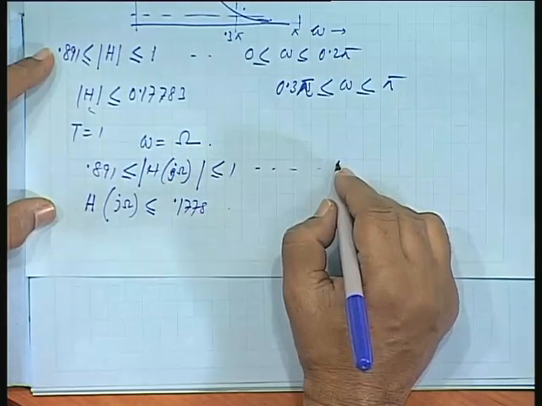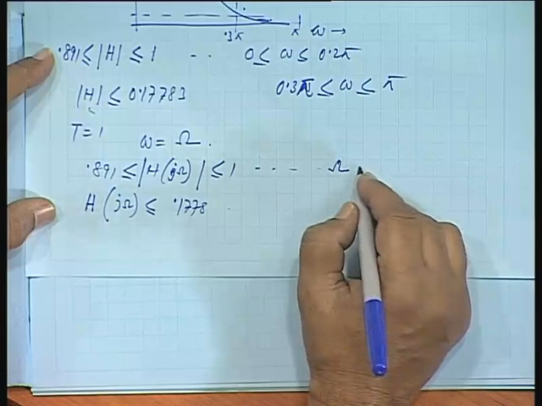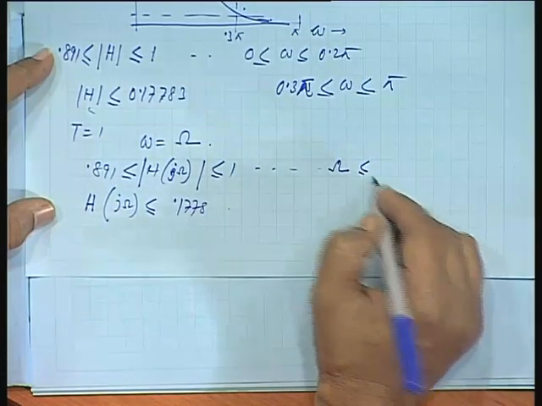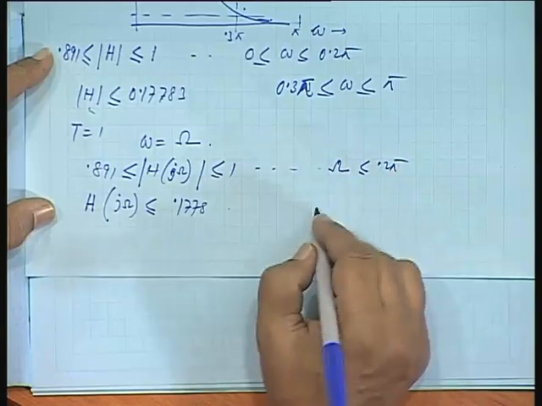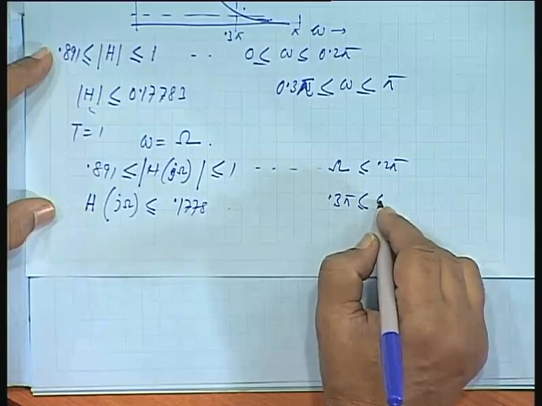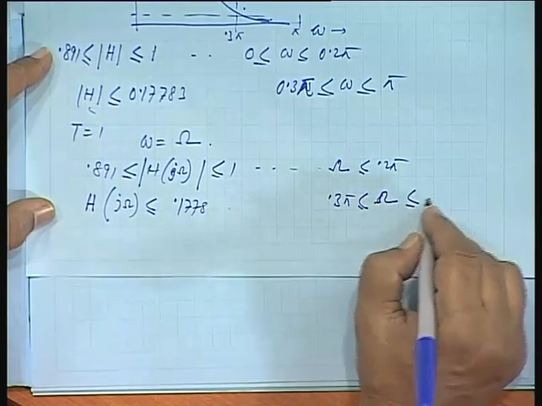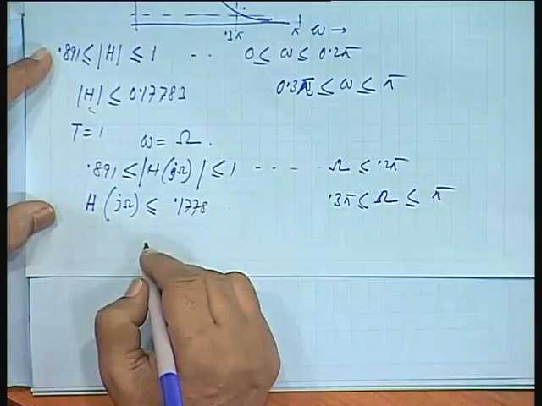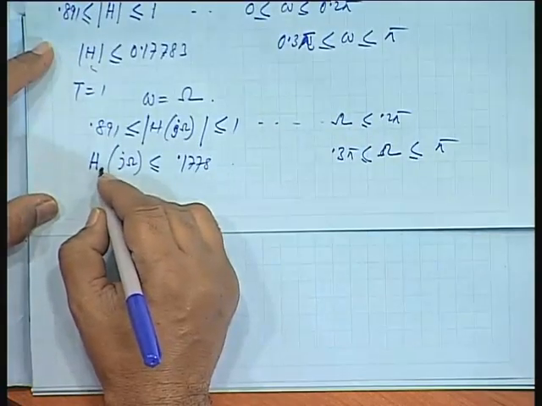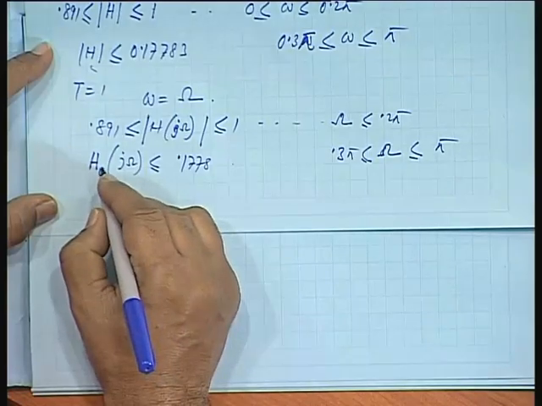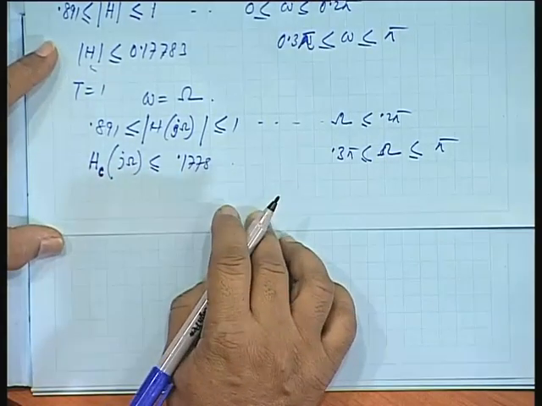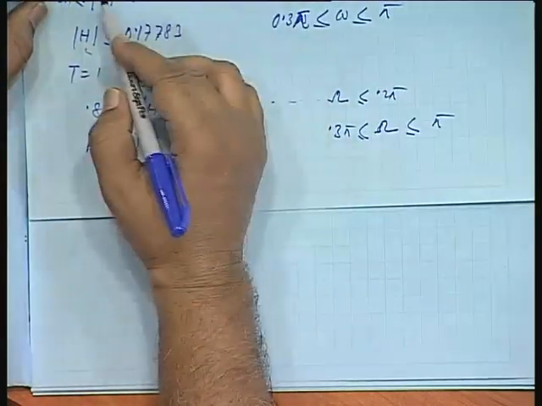That is omega less than 0.2 pi, and here 0.3 pi to omega to pi. So, H, this is in the continuous domain. So, I will write H c, okay. What was given was in the discrete domain.